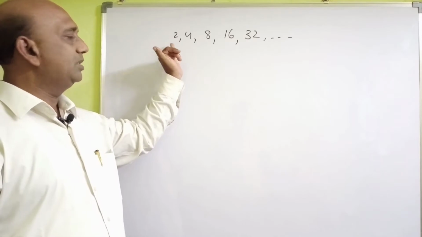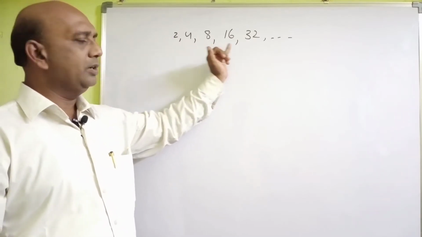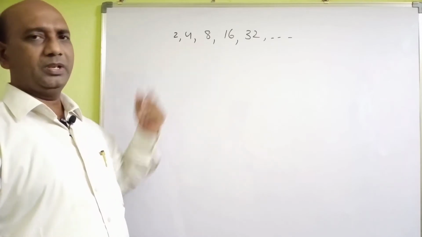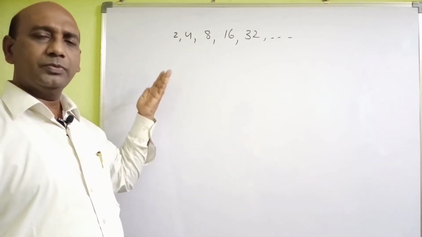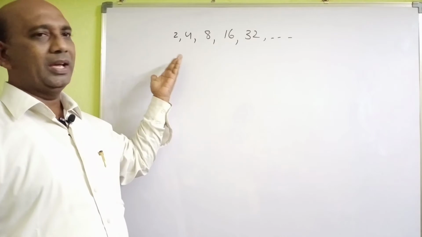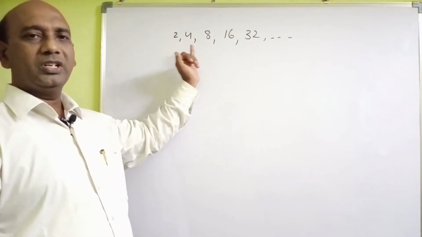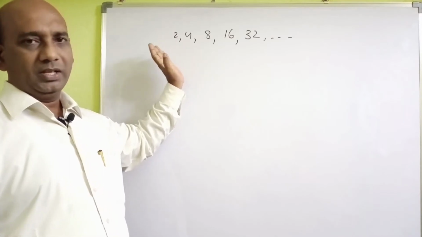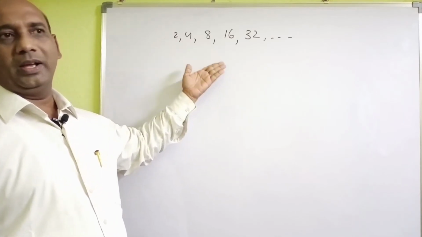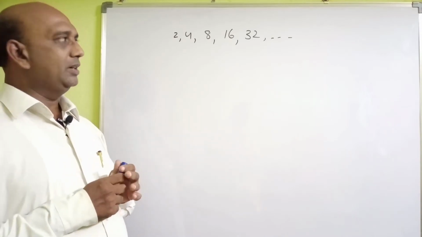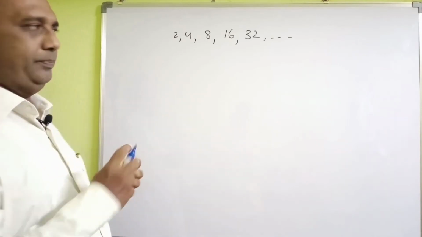That is, except the first term, all the remaining terms are formed by multiplying a constant term to its previous term. If you add a constant term to its previous term, that becomes an arithmetic progression. Here, by multiplying a constant term to its previous term, the progression formed is called a geometric progression.